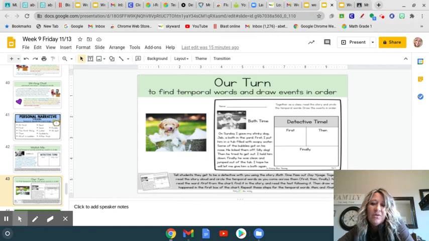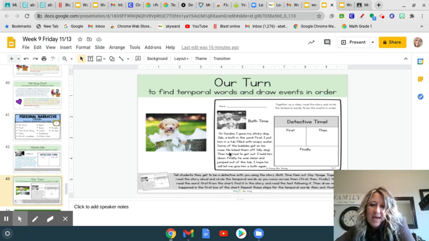So we're looking for those words: then, finally, first, those kinds of things. So let's look here. First, what did he do? Put him in a tub filled with soapy water. Okay, good. We can put that in this first picture.